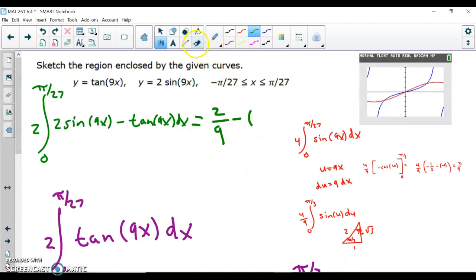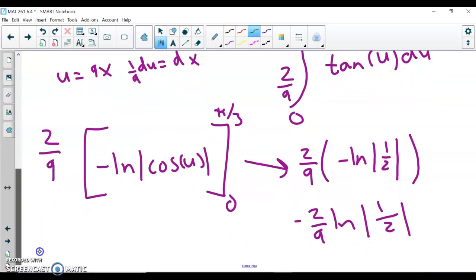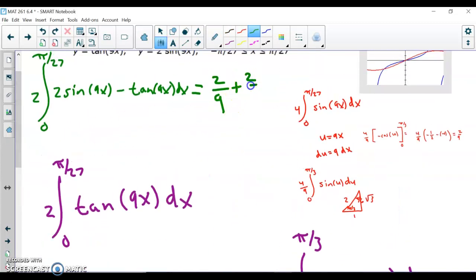So it's really just going to be a plus, right? Minus, I'm going to take care of that now. It's a plus, I forgot it already, 2/9 natural log of a half. I don't need the absolute value, it's just a half, right? Natural log of 0.5. Should be fine. And that should be the answer. Yeah, we already took care of the 2, so that actually should be the answer.